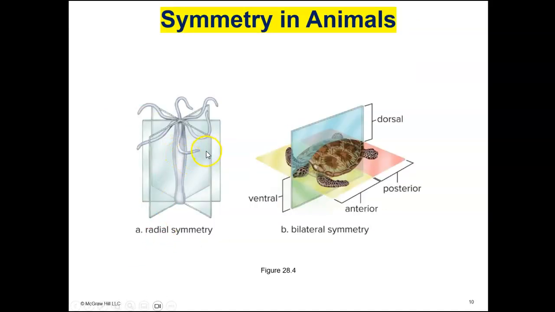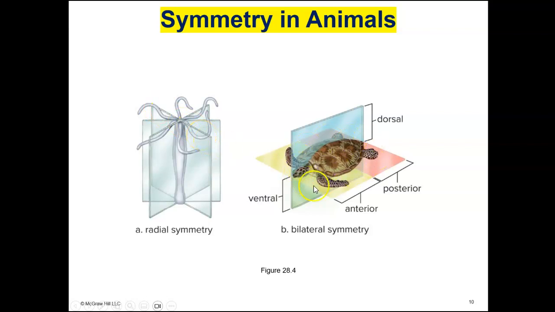So here you can see radial symmetry, and this looks like a sea anemone or a hydra with a polyp body form. So it's related to a jellyfish. And if you look at these glass dividers, you can make cuts in any of these directions. You see three different glass dividers, and any of those dividers would produce equal halves.